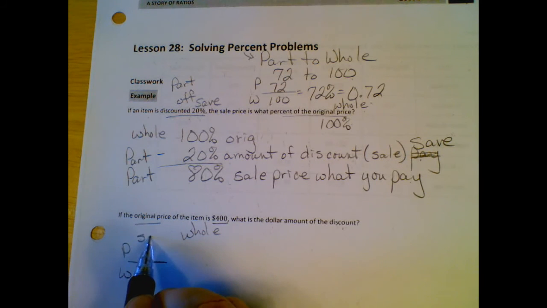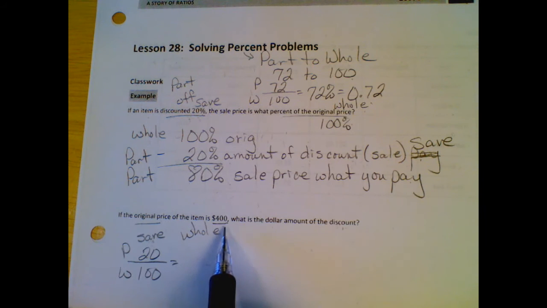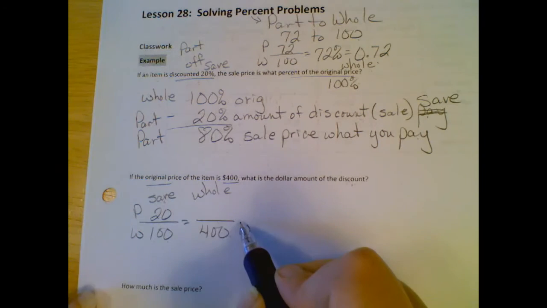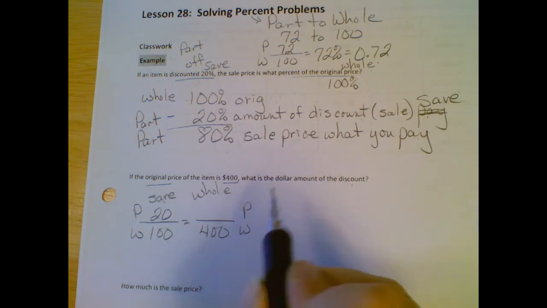So I'm going to add an extra label here, but these are going to be really important. I save 20%, 20 out of 100. And the original whole is going to be 400. The wholes don't change. Percentage is always out of 100, and the whole will always be in the denominator as well. But it's the parts that are going to change.